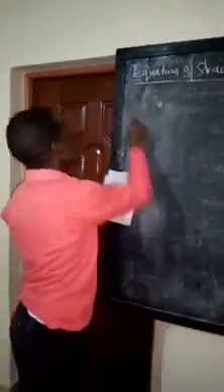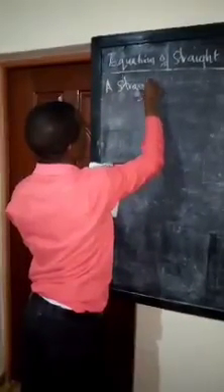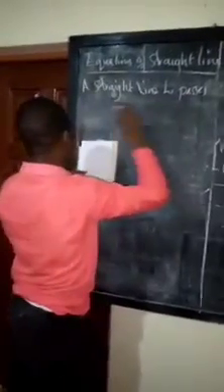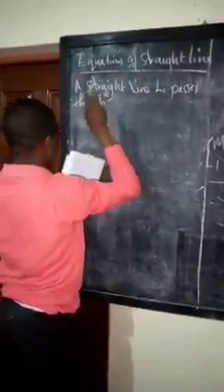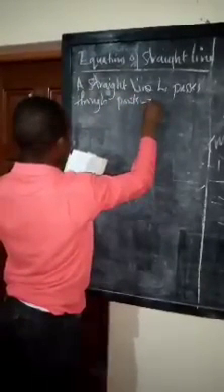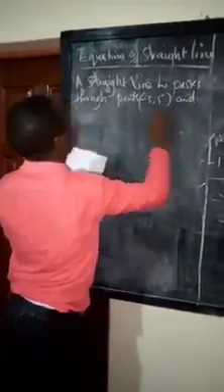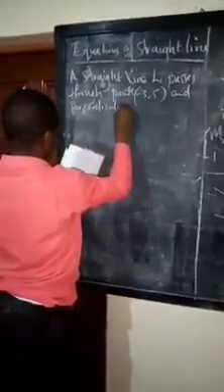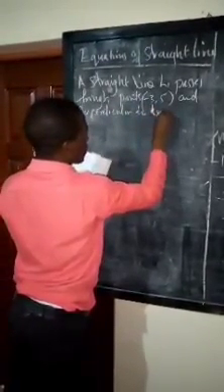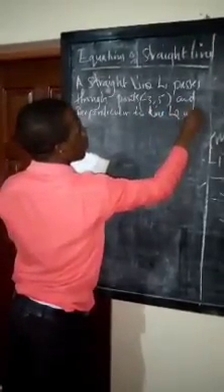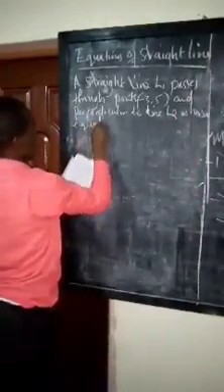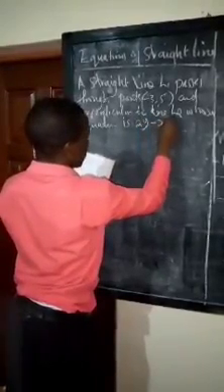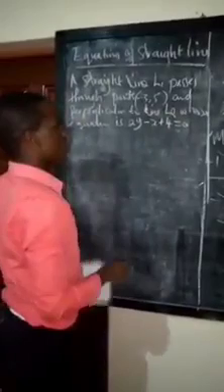Another example is a straight line, line 1, that passes through the point (-3, 5), and we are told this line is perpendicular to another line, which is line 2, whose equation is 2y minus x plus 4 equals 0.